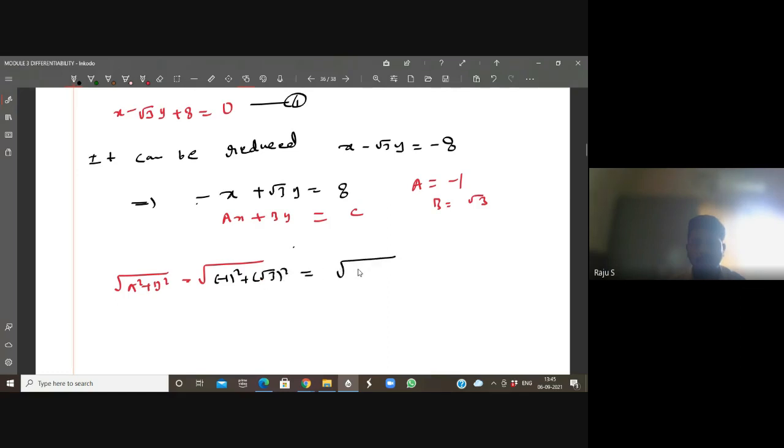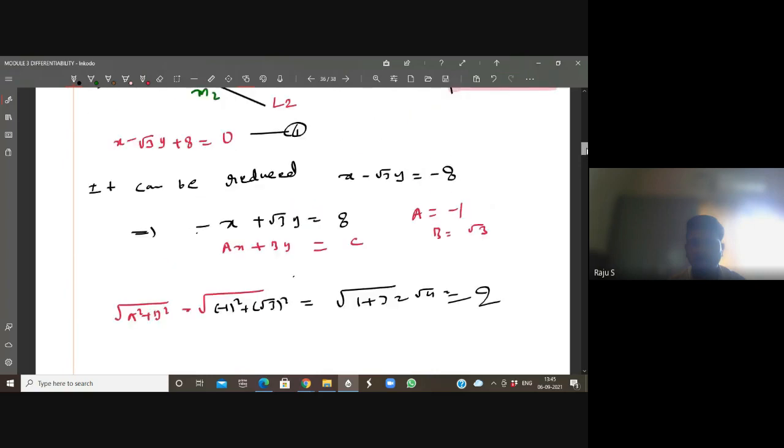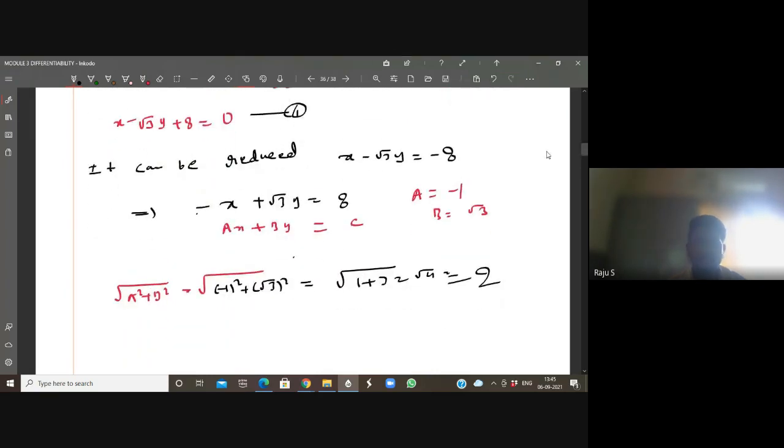Finally, here we got the root over a square plus b square value as 2. Now the given equation, we have to divide with this value, dividing with 2.